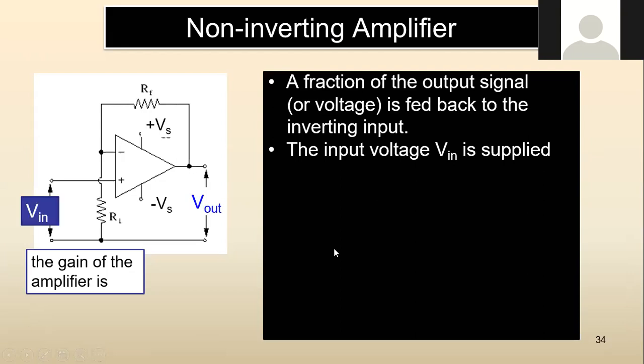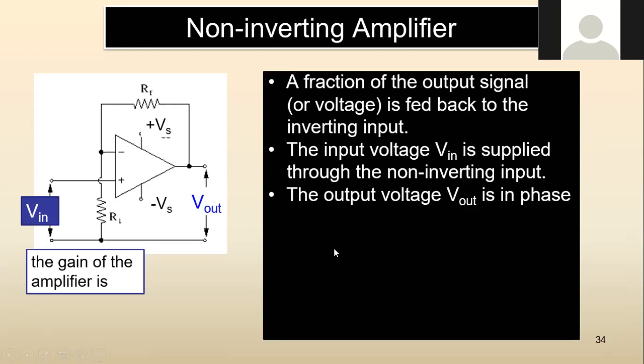The input voltage V in is supplied to the non-inverting input, that's what we mean, applied to the positive terminal. The output voltage V out is in phase, because whatever you put in comes out amplified as well, not inverted. That's why it means in phase.